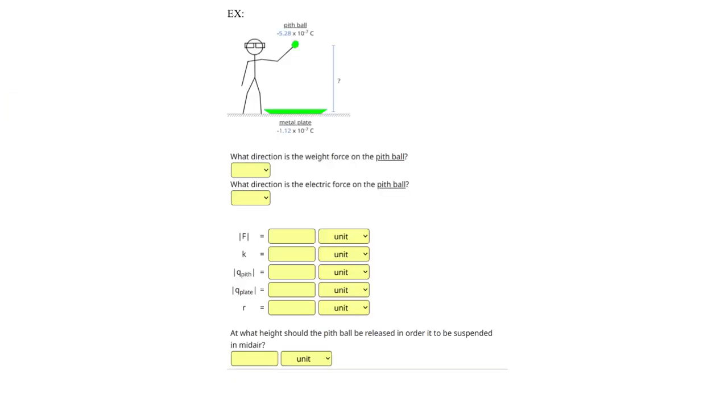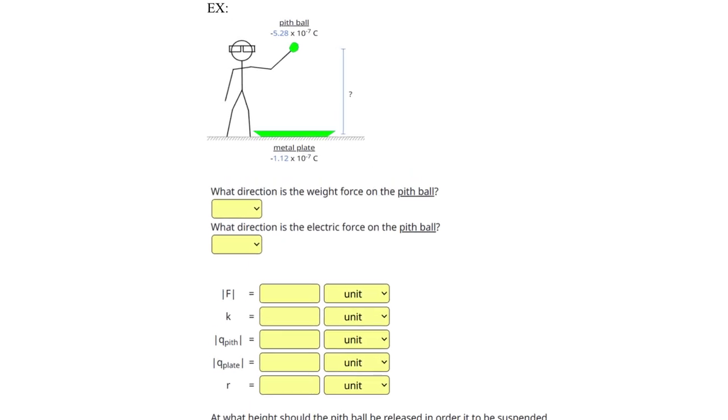Then finally, we got this problem. Now, when this guy releases this ball, it's going to just stay stationary because this is negative. It's repelling this ball. So here's the ball. Here's the free body diagram. There's the electrical force pushing it away from the, likewise, negative charged plate down here.